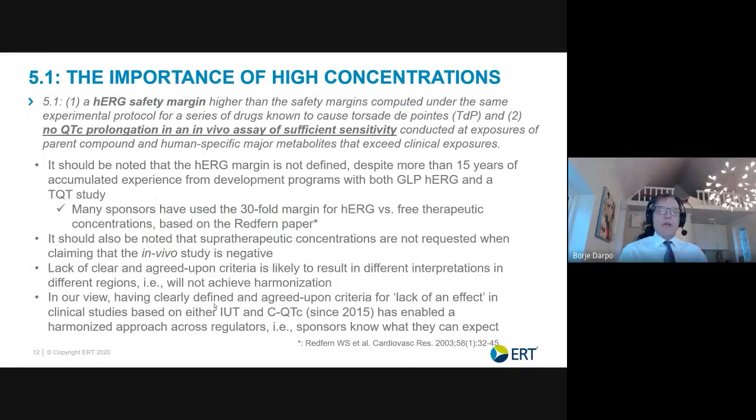That is, we will not achieve harmonization by avoiding very clear and agreed upon criteria. And I think, and we think, that it's much based on clear criteria in the clinical area that we have been able to achieve a harmonized approach across regulators, at least to a large extent. That is, the sponsors will know what they can expect.